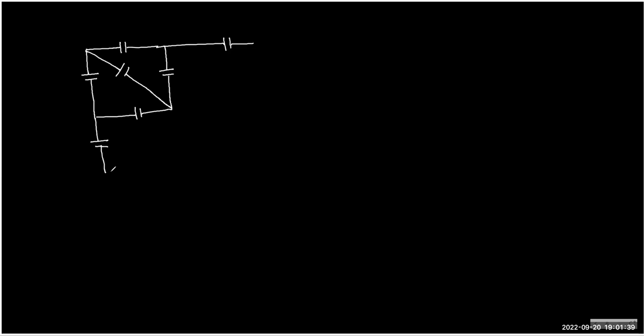So I may create a circuit like this. To make it simple, I keep it simple.